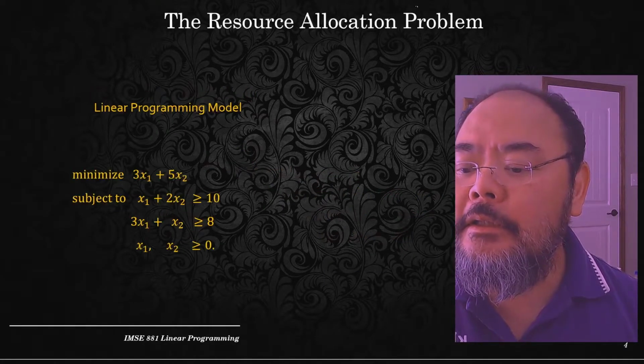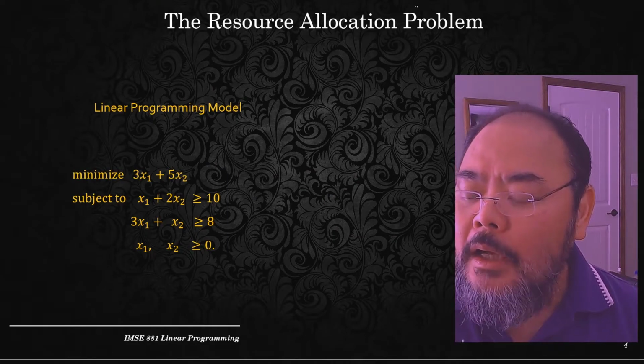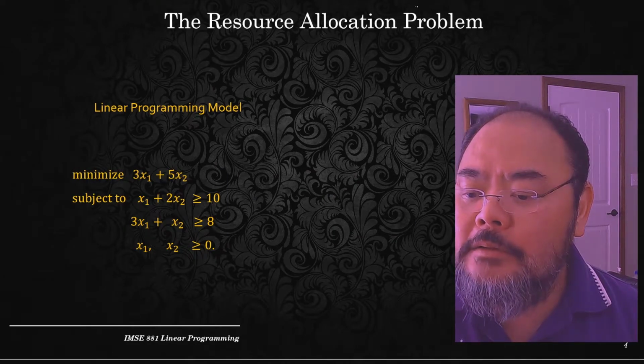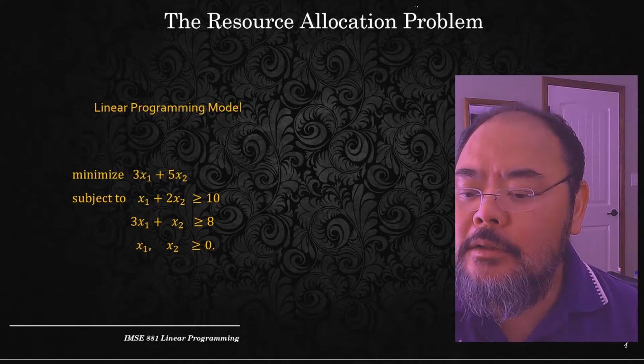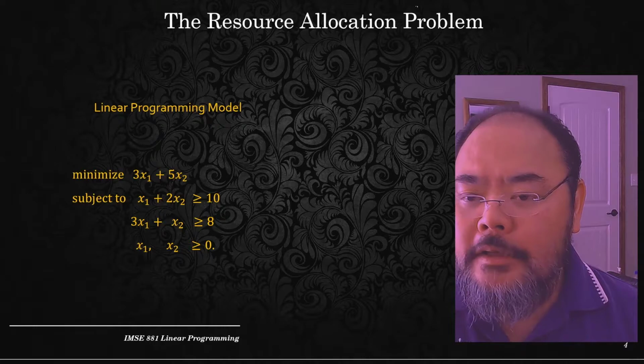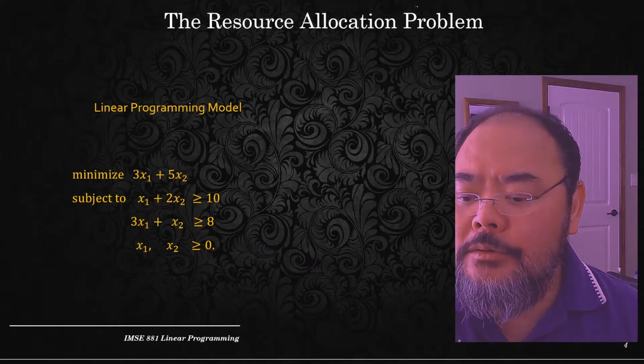Let's look at the other one. This one is a minimization problem, minimizing 3x1 plus 5x2. However, x1 plus 2x2 has to be greater than or equal to 10, and 3x1 plus x2 should be greater than or equal to 8.